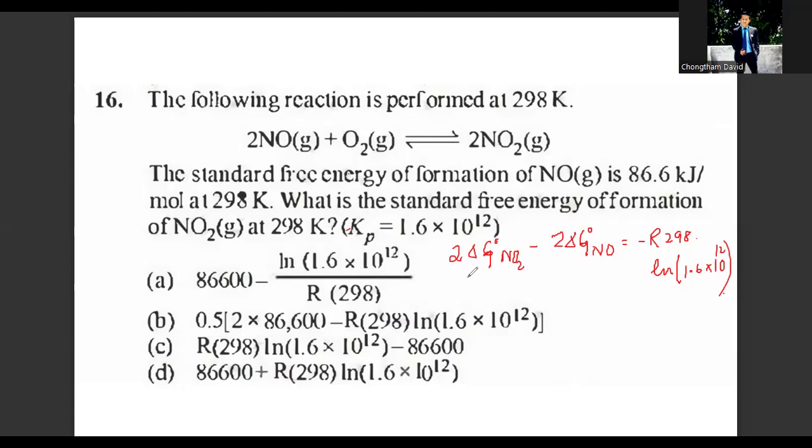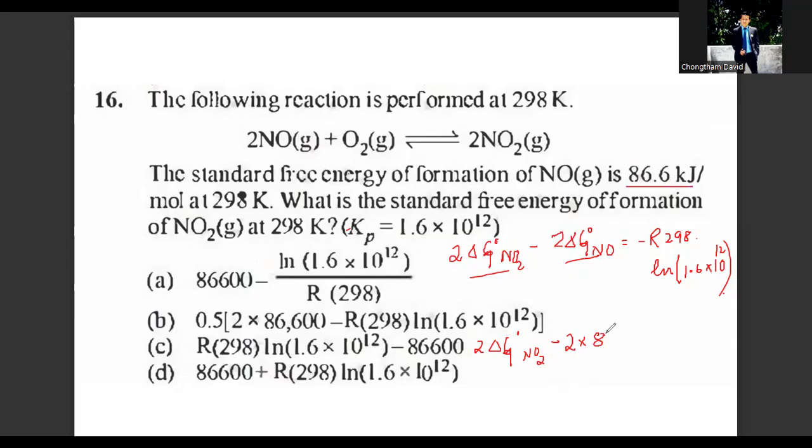Again, substitute the values of the nitric oxide and nitrogen dioxide free energies. So the new equation would be 2 into delta G naught for nitrogen dioxide minus 2 into, it is given here, 86.6 kilojoules.